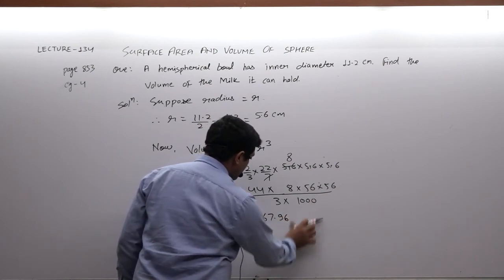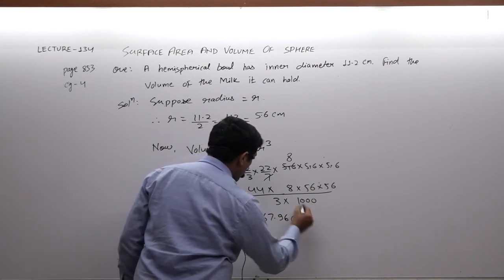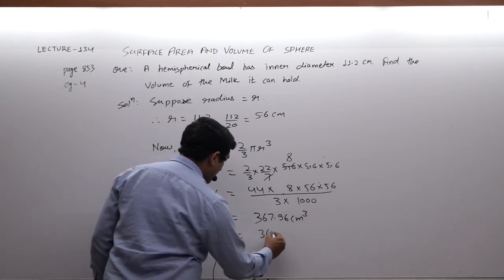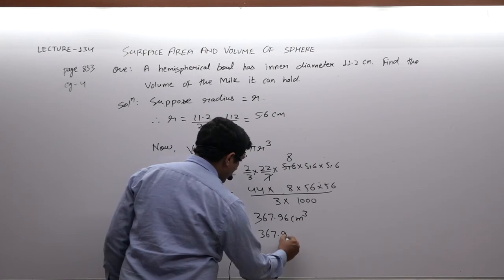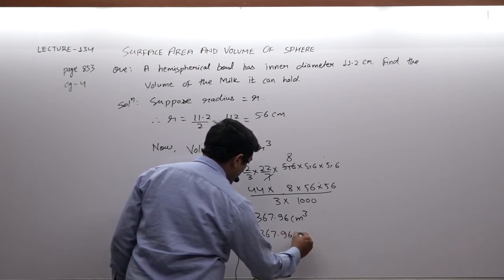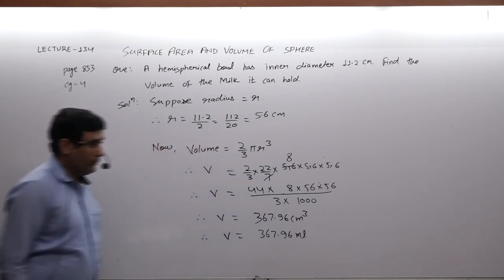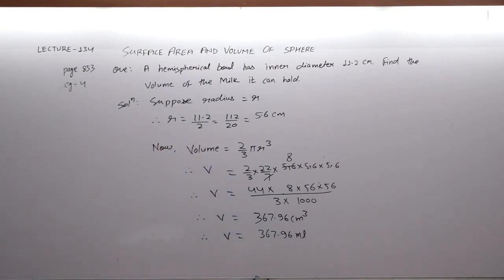Centimeter cube. And if I want to convert into liters, this remains same because 1 centimeter cube is equal to 1 ml. So this much ml. This is the final answer. So please note it down. Then we'll see the next question.